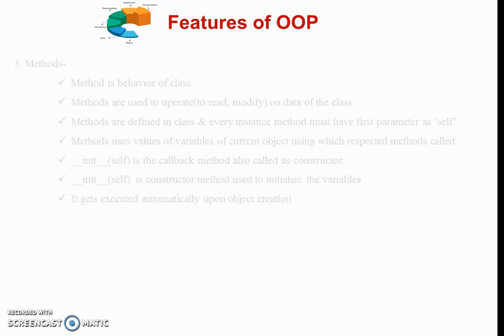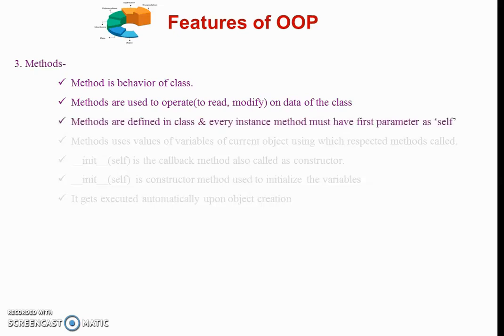Since class methods use the self argument, they require an object or an instance of a class to be used. For this reason, they are also called instance methods. So, a method is also known as a behavior of a class. Methods are used to operate on, read, and modify the data of a class.